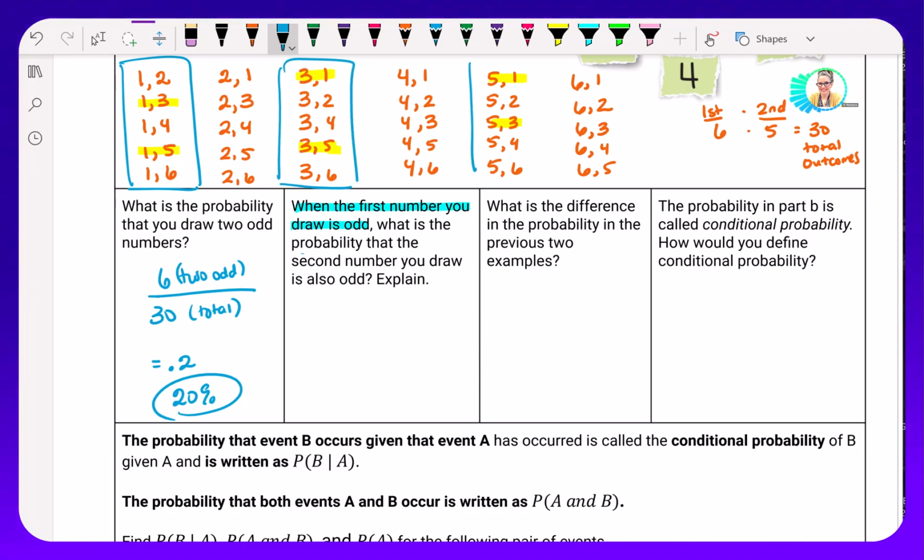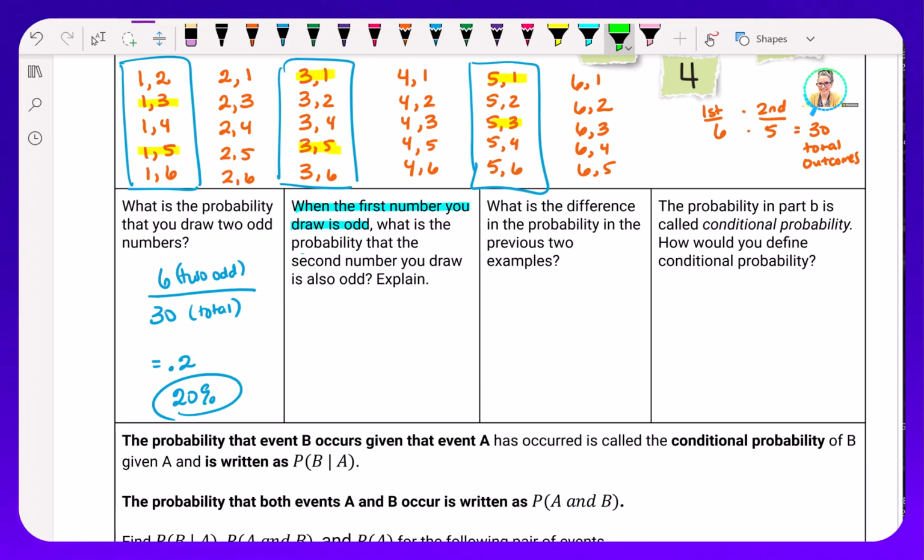I am boxing in all of the sample space with the first number odd. Now what that's done is limited my total outcomes. So I no longer have 30 total outcomes, I only have 15. If you count everything in here, I only have 15 possibilities.